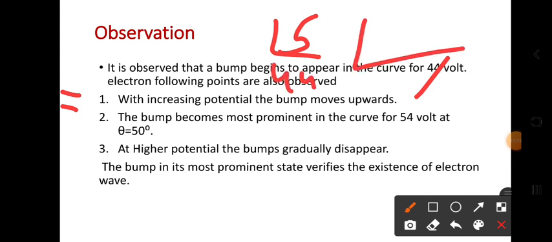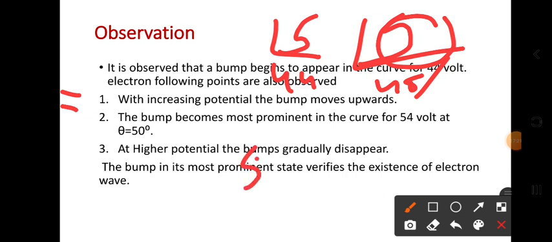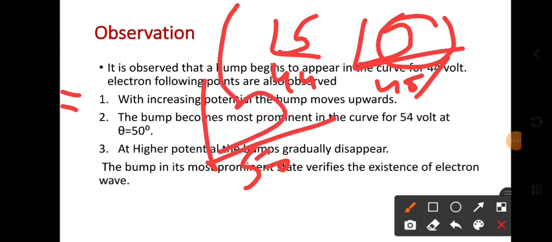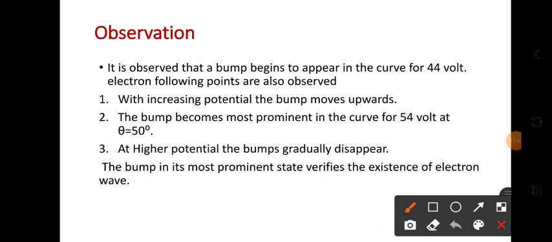If you increase the voltage from 44 to 48, the bump gradually increases, and at about 50 volts the bump reaches a maximum value. So with increasing potential, the bump moves upward.